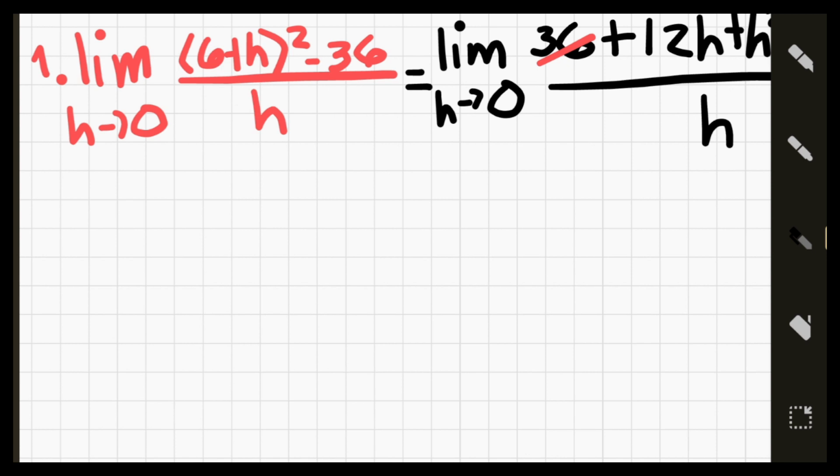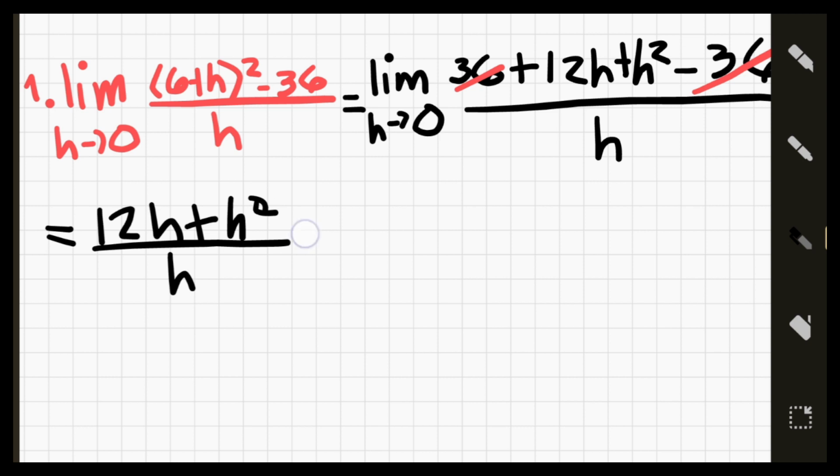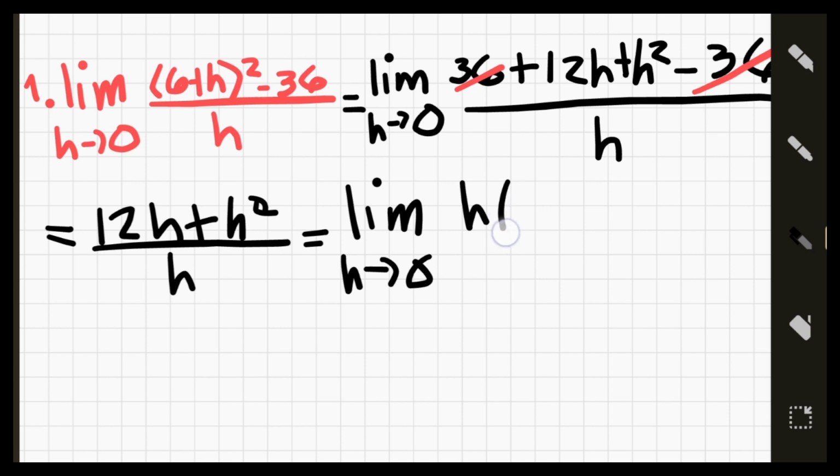And now we are left with the limit as h approaches 0 of the expression 12h plus h squared over h. Notice that the common factor in the numerator is h. So simplifying this, we have h times the quantity of 12 plus h over h.